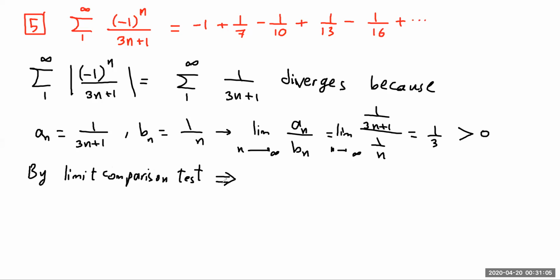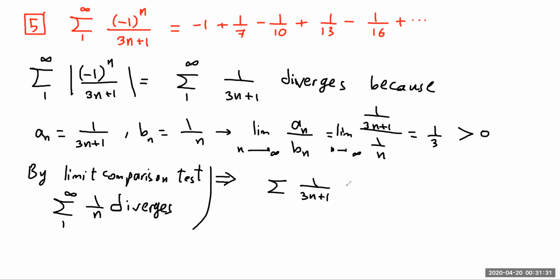But I know that the sum of 1 over n diverges, because it is 1 over n to the power 1, and 1 is less than or equal to 1. So this diverges. So the sum of 1 over 3n+1 from 1 to infinity also diverges.